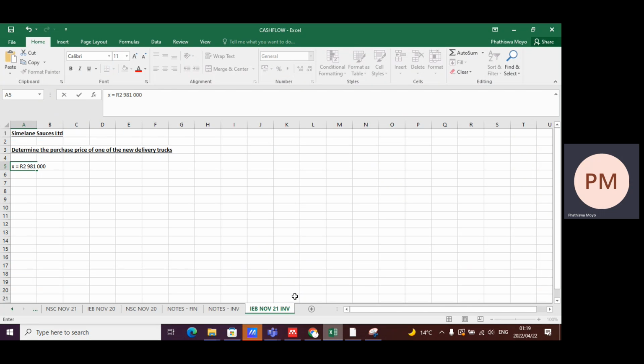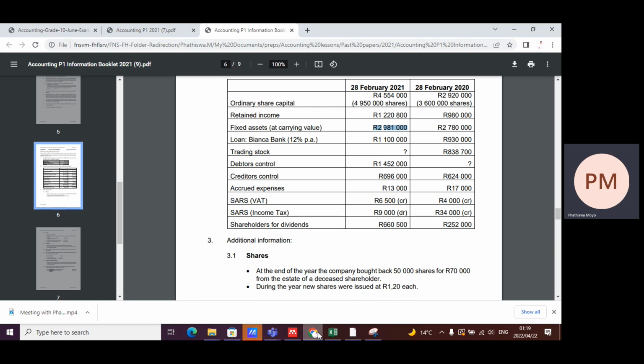You have your closing balance, because this is where things should end up. Remember I said cash flow, guys, will always be given with comparatives. So we're taking the closing balance because this is where it should all culminate. Now we're trying to work backwards, so we will work with the closing balance.